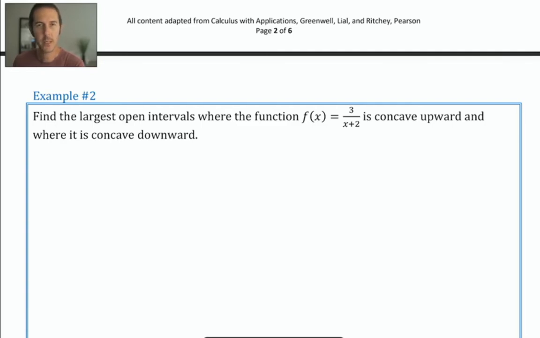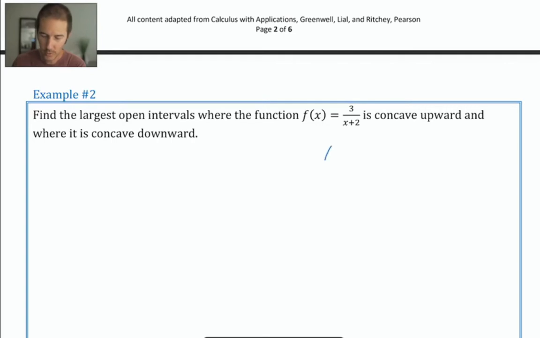Let's try to find the place where the second derivative is 0. Let's find that dividing line, that inflection point, if there is one. Maybe we're finding an inflection point, maybe we're finding a place where our function is undefined. Actually, if I just look at this function, I've got a strong inkling of where our function is undefined.